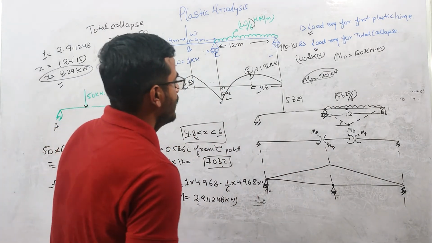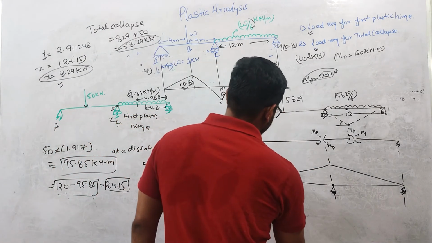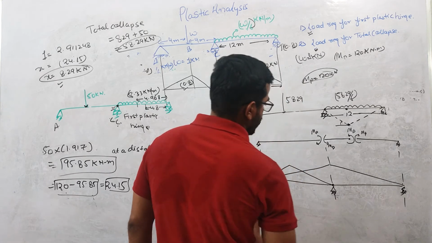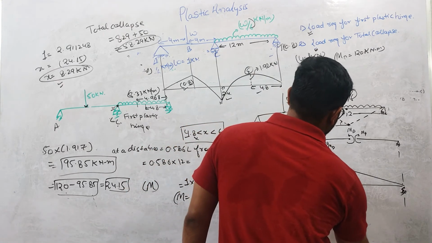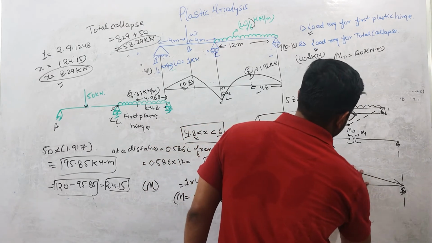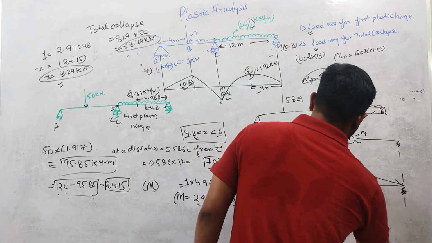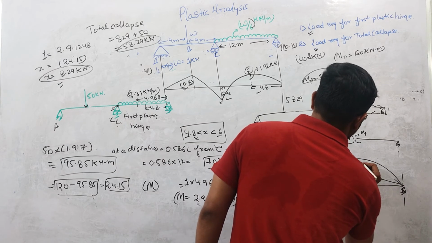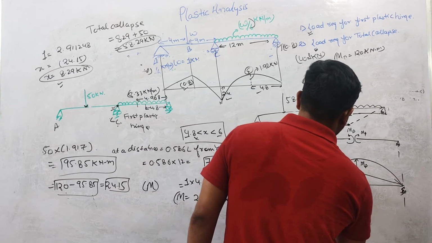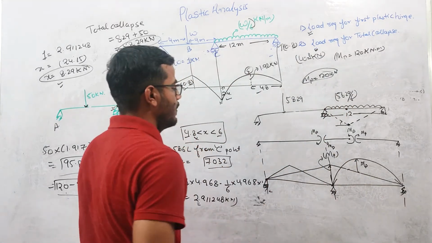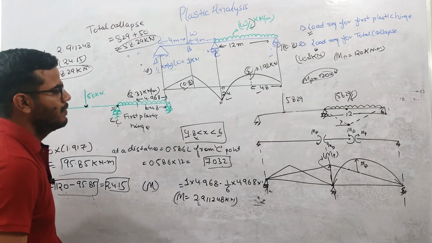And due to this load, the moment diagram will look like this. Here this will be MP, here this is MP. So your bending moment diagram will look like this.